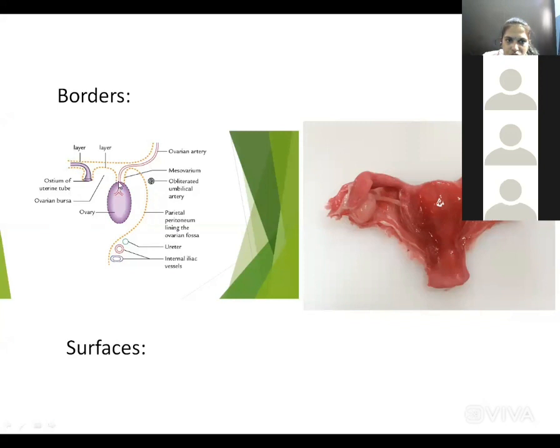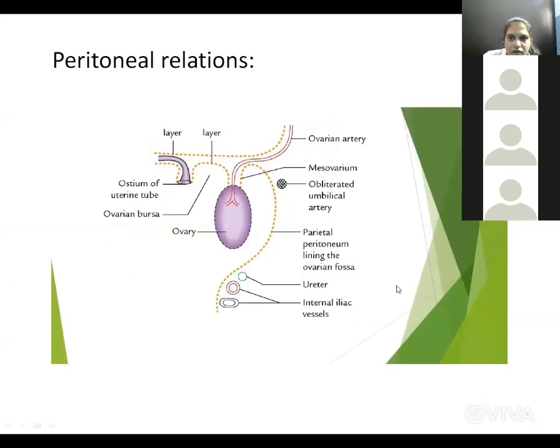Two poles, tubal pole, uterine pole, borders, anterior border, posterior border, and surfaces, medial surface, lateral surface. Here is the medial surface and lateral surface. So in external features, there are two poles, two borders, and two surfaces.